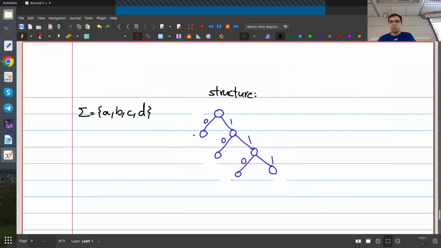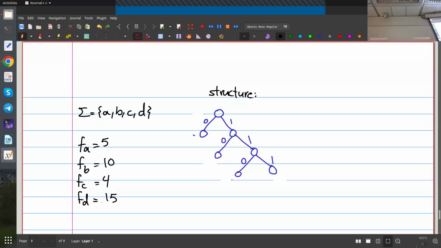So this is the code tree. And I'm also telling you how many times every letter is appearing in my file. So maybe I'm telling you A appears 5 times, B appears 10 times, C appears 4 times, and D appears 15 times.